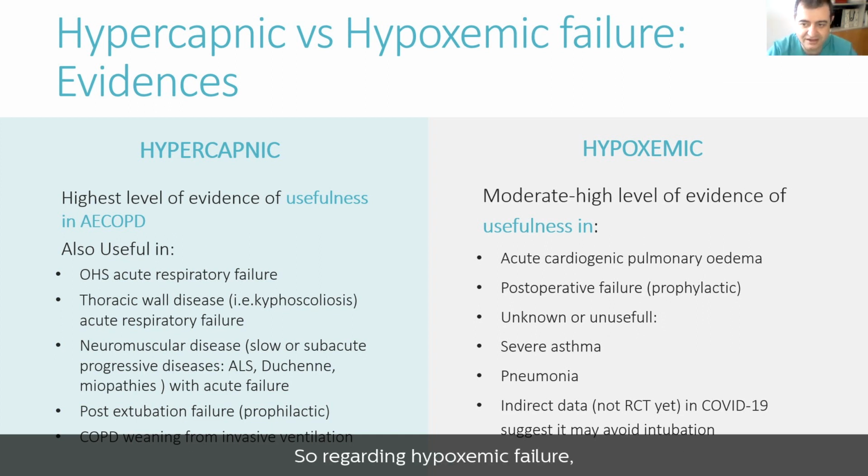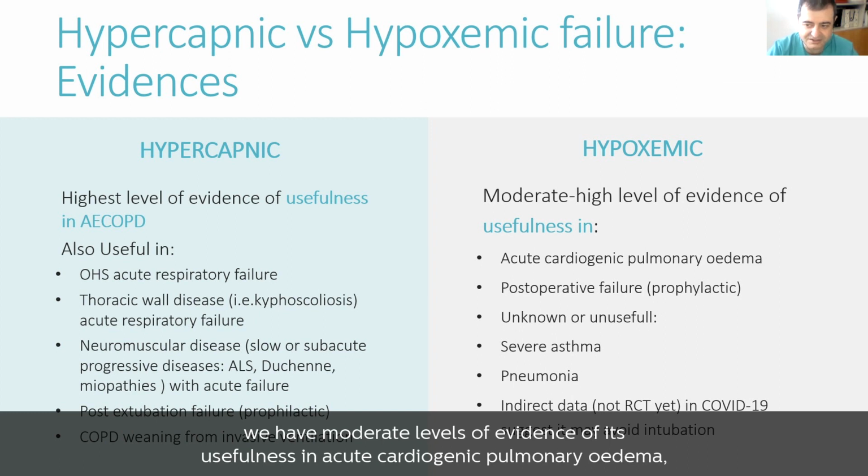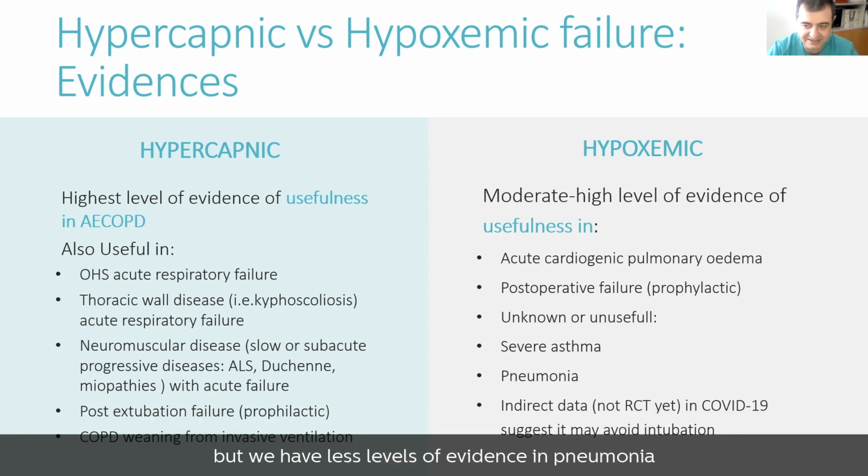So regarding hypoxemic failure, we have moderate levels of evidence of its usefulness in acute cardiogenic pulmonary edema, but we have less evidence in pneumonia or severe asthma, or even in COVID-19, where we have indirect data, no randomized controlled trials yet, but they may suggest it may avoid intubation in some patients.